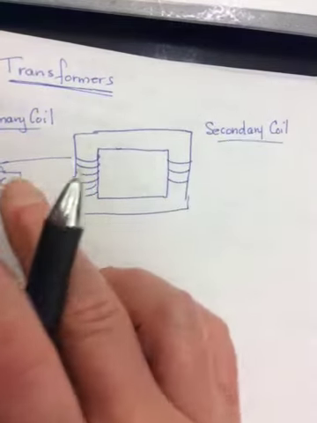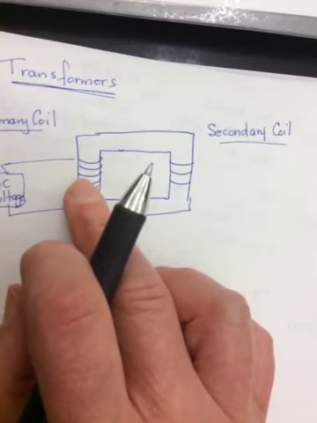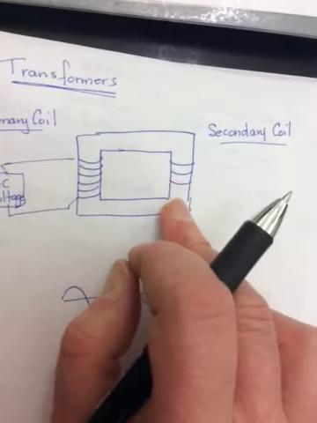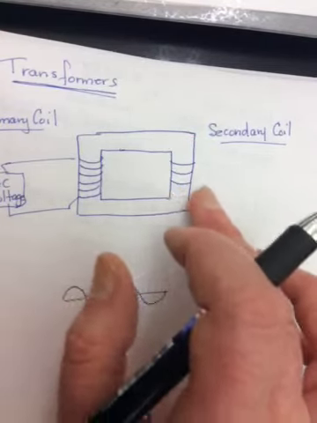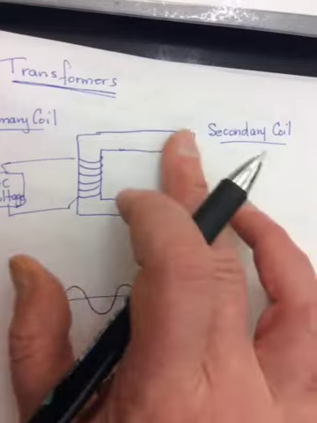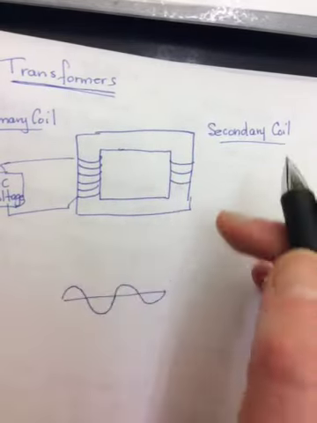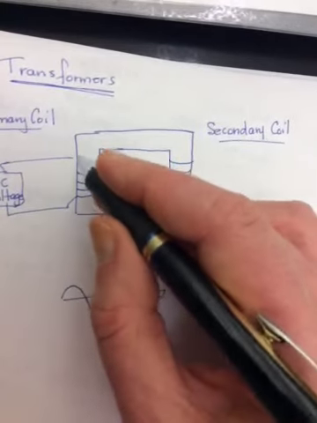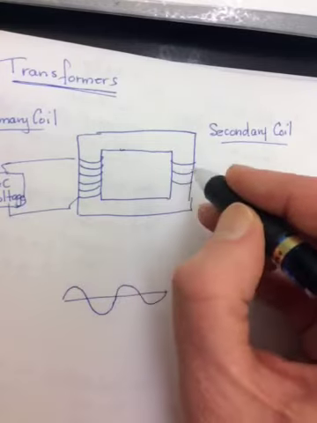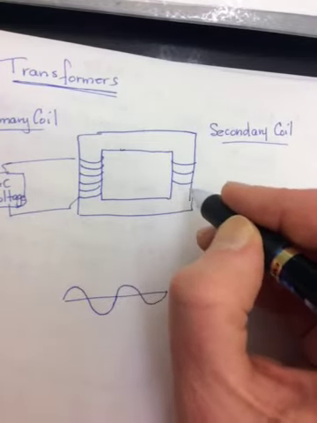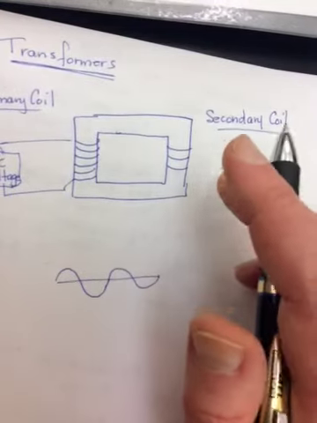Okay, so the primary coil is connected to an AC voltage, and the changing current in the primary coil creates a changing magnetic field, which in turn then will induce a current or induce an EMF, induce both, in the secondary coil. Okay, so the primary coil has an alternating current in it, and that, because of the changing magnetic field, induces an EMF and an induced current in the secondary one.